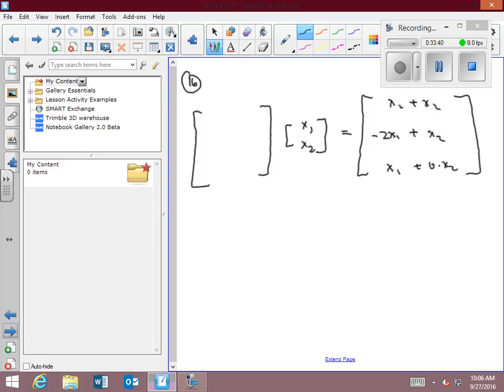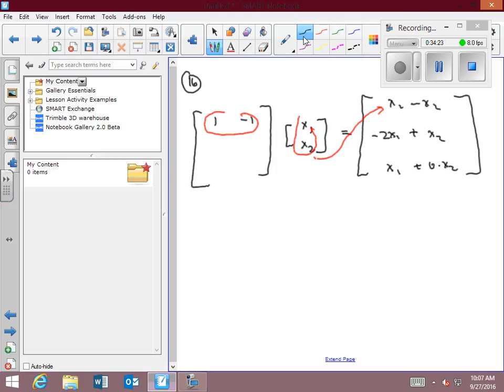Well, when you do this, I think I wrote that, this first one wrong. That was a minus, isn't it? This would have to be 1, minus 1. Because when you multiply this times this, you should get that, right? So it's 1 times x1 should give you x1, and then minus 1 times x2 should give you x2.